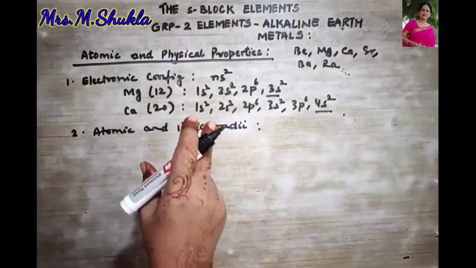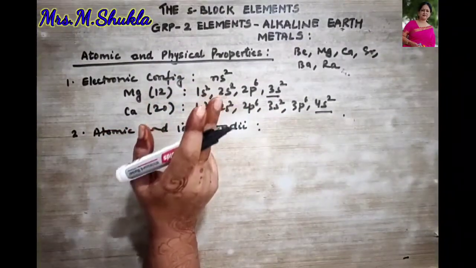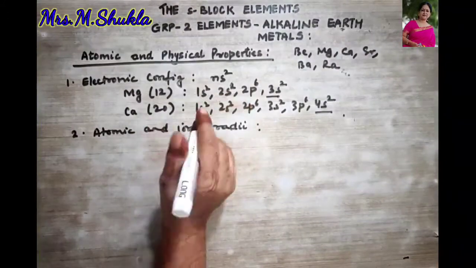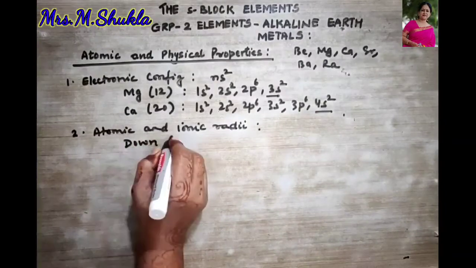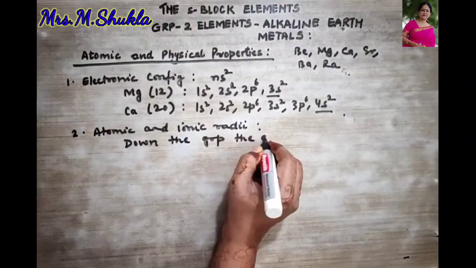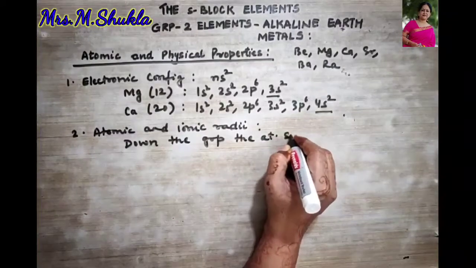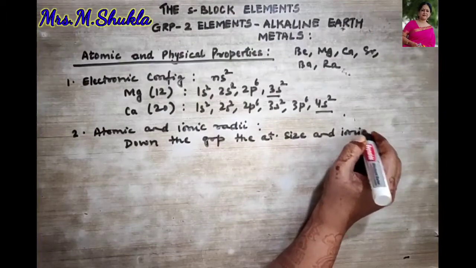Within the group, the atomic and ionic radii increase with increase in the atomic number. That is, down the group, the atomic size and ionic size increase.